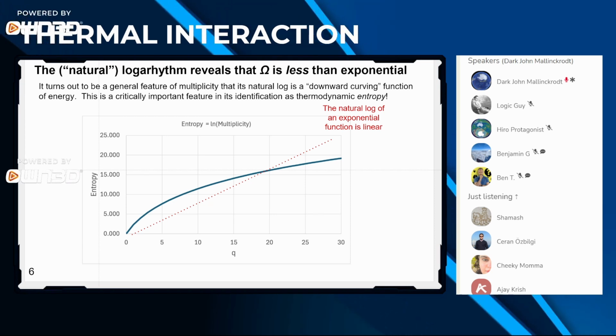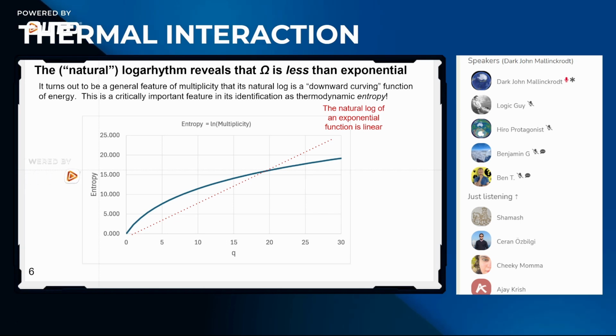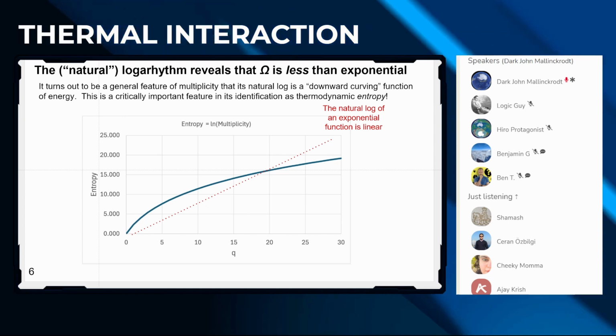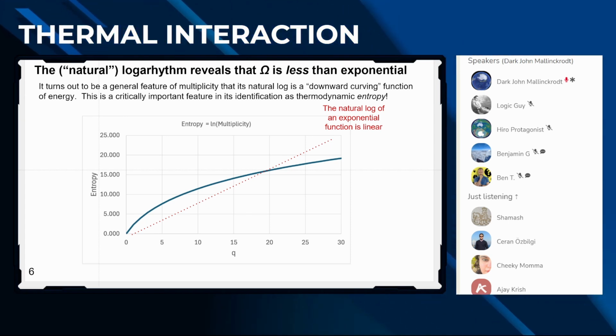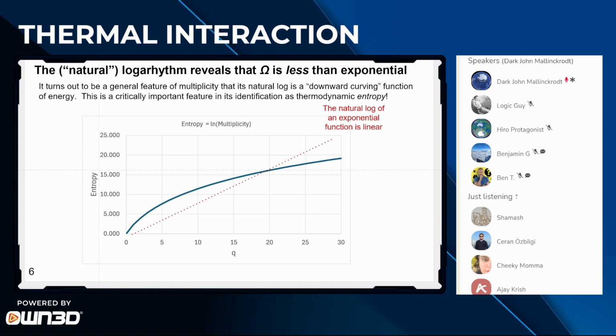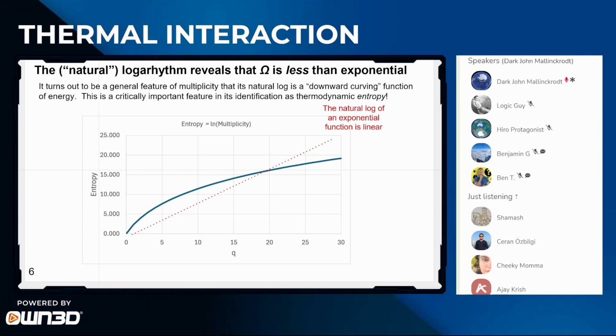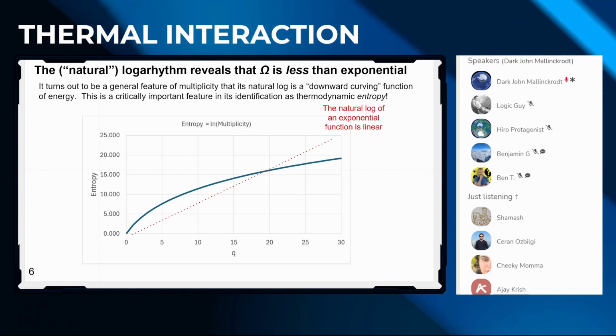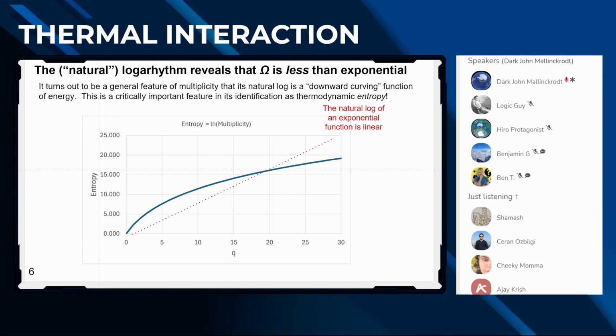As I increase the energy, the entropy increases. But it increases rapidly at first, and then less and less rapidly as the energy increases. When Q is 1 or 2, the entropy increases a lot with each additional quantum of energy, and later on, it increases less with each additional quantum of energy.